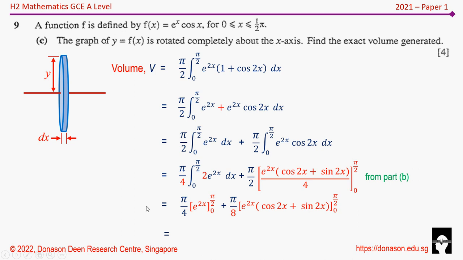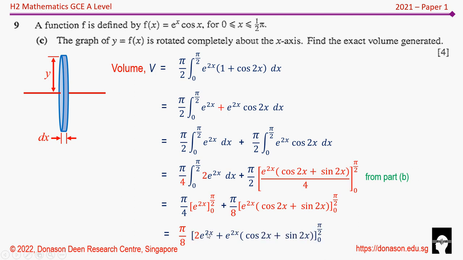and the limits remain 0 to pi over 2. So now we have a pi over 4 here, and a pi over 8 here. So if I could pull out some common numbers, which would of course be pi over 8, then we can write it as one single expression, and it will be easier to simplify. So I'm going to take out a pi over 8. Of course, if I want to take out a pi over 8, I have to introduce a 2 in front of the e to the power of 2x.